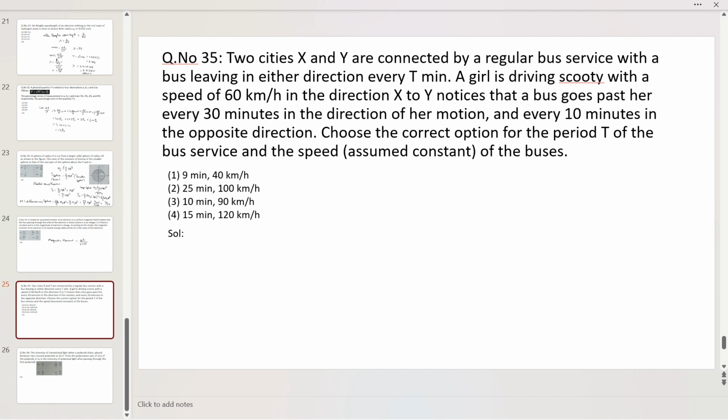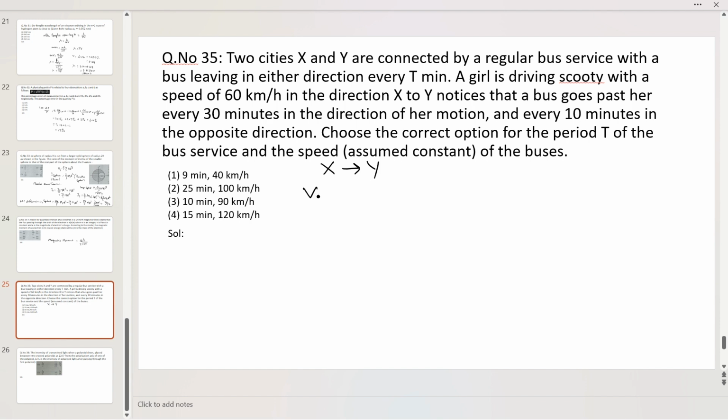A girl is driving a scooty with a speed of 60 km per hour in the direction x to y. Notice that a bus goes past her every 30 minutes in the direction of her motion and every 10 minutes in the opposite direction. The direction is from x to y.